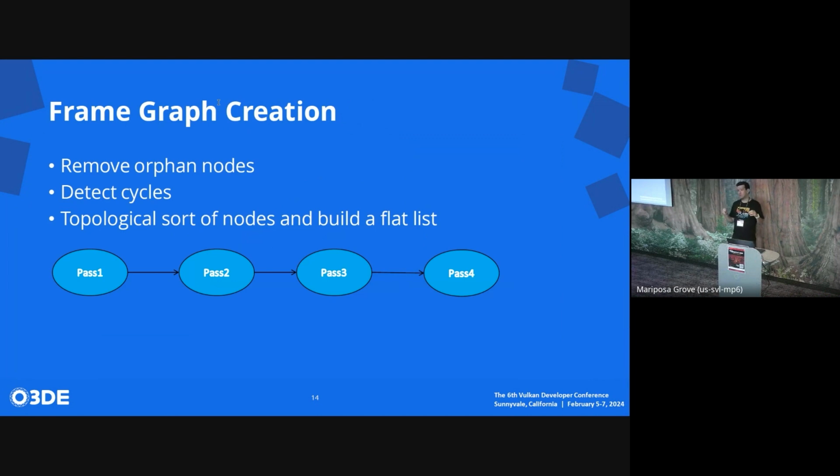And finally, we do a topological sort where we grab the frame graph and we convert it into an ordered list that is going to give us the execution order. So if a node appears first in the list, it means that it's producing something that the other node is going to be consuming.